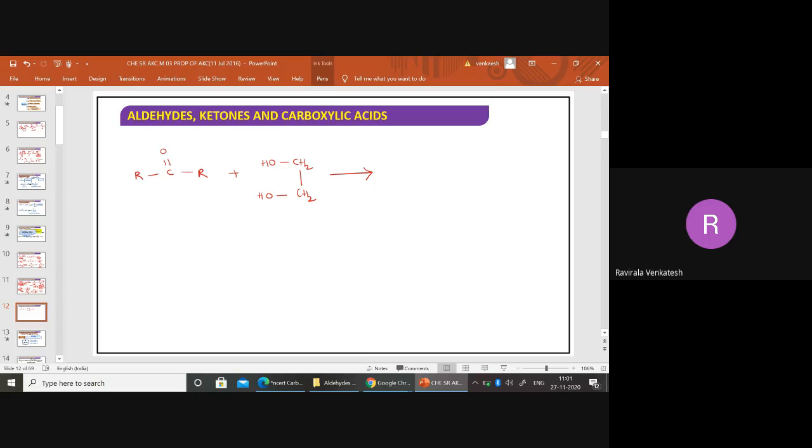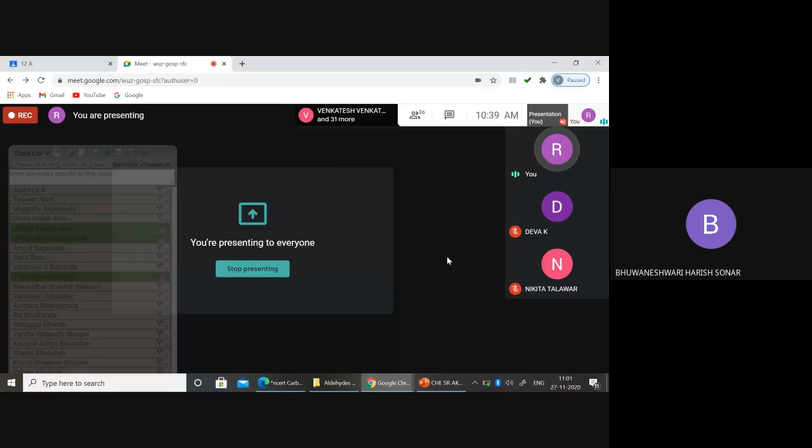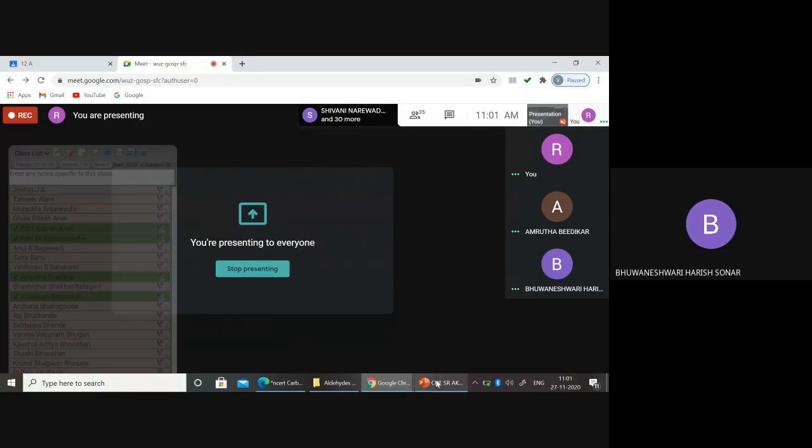We have to remove the double bond O, yes? We have to remove.